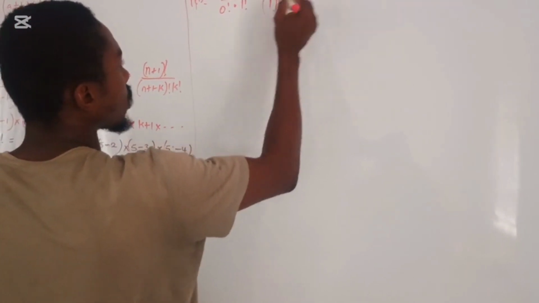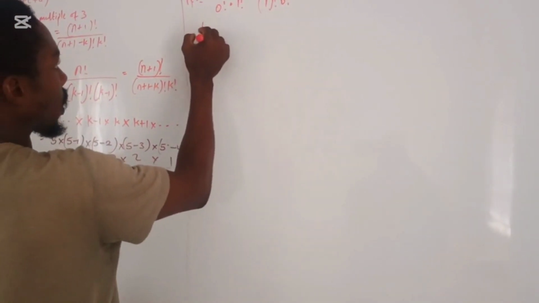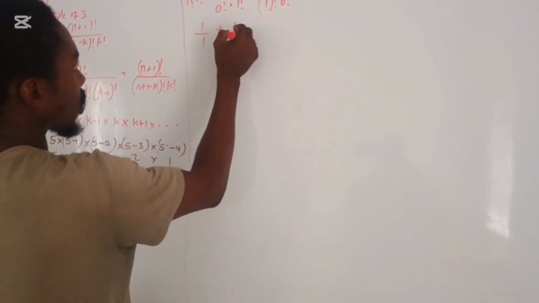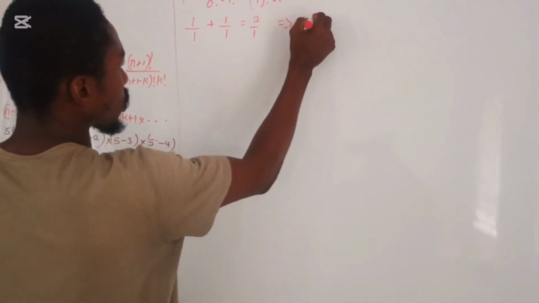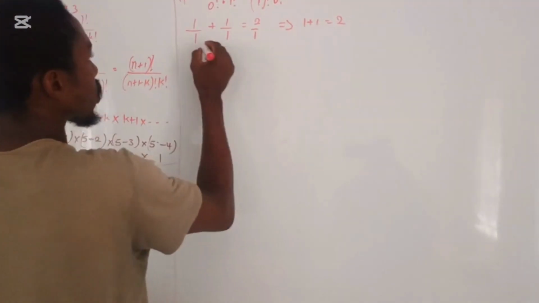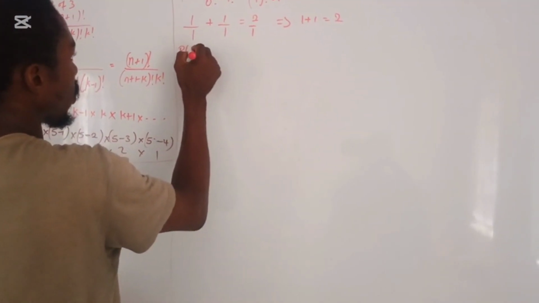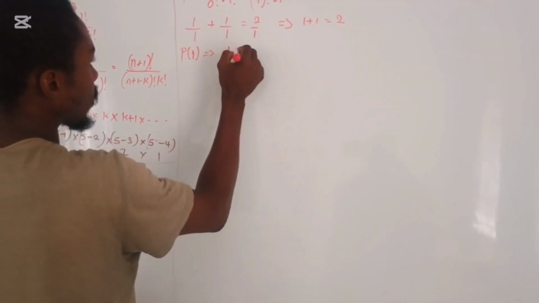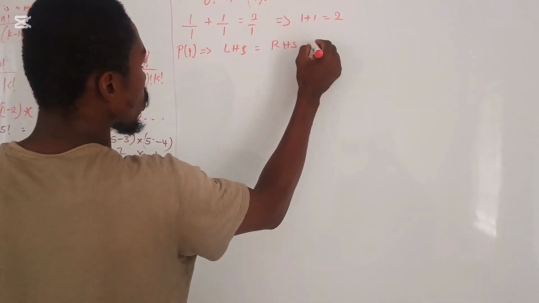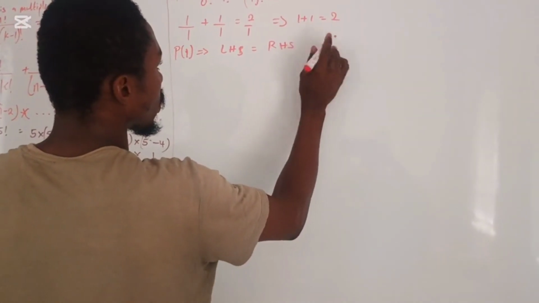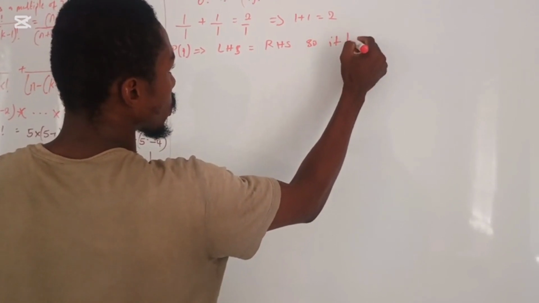So what we have here now is 1 over 1 plus 1 over 1 is equal to 2 over 1. This implies that 1 plus 1 is equal to 2. So for P of 1, the left hand side is equal to the right hand side. So it holds.